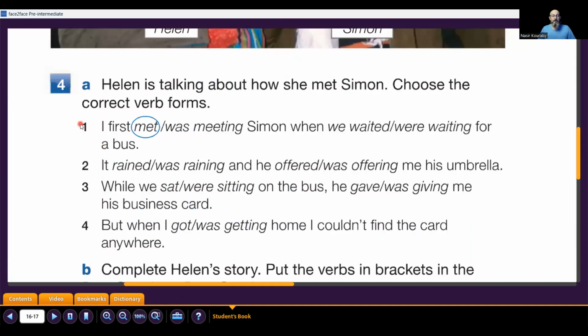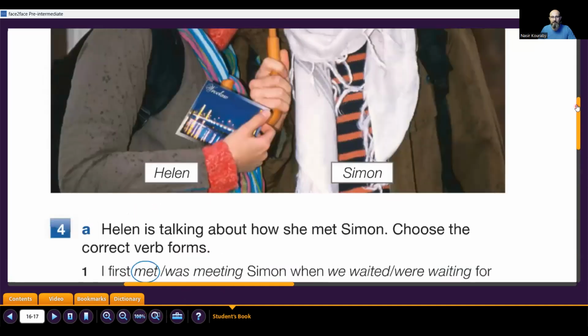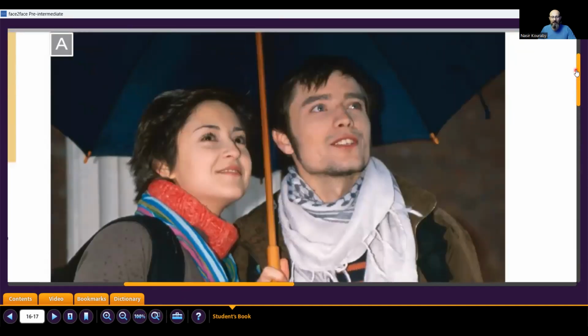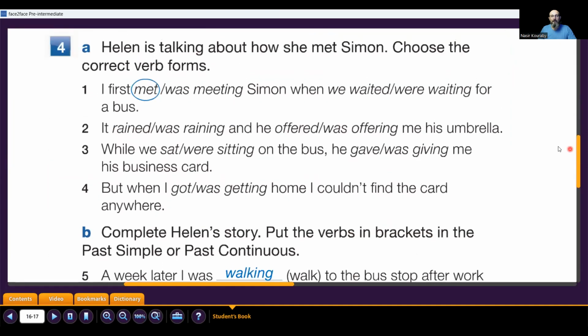And exercise number 4. Helen is talking about how she met Simon. Where is Helen? Here. These two guys, okay? So choose the correct verb form. So here we say, I first met Simon when we, so here we have a short action, past simple.